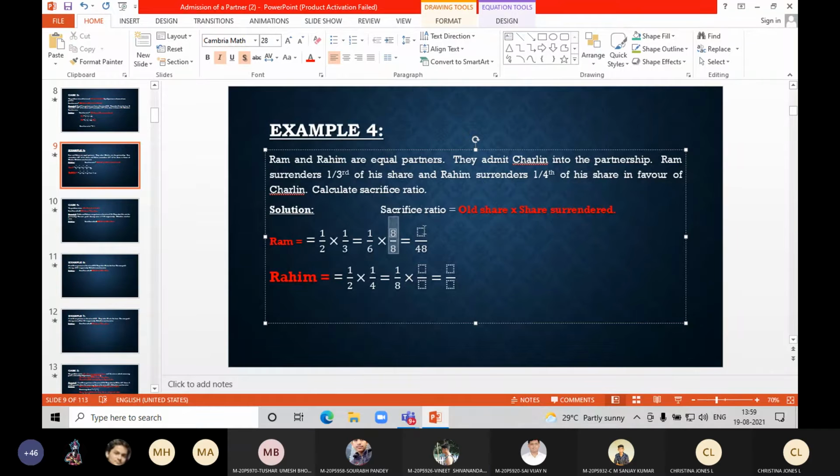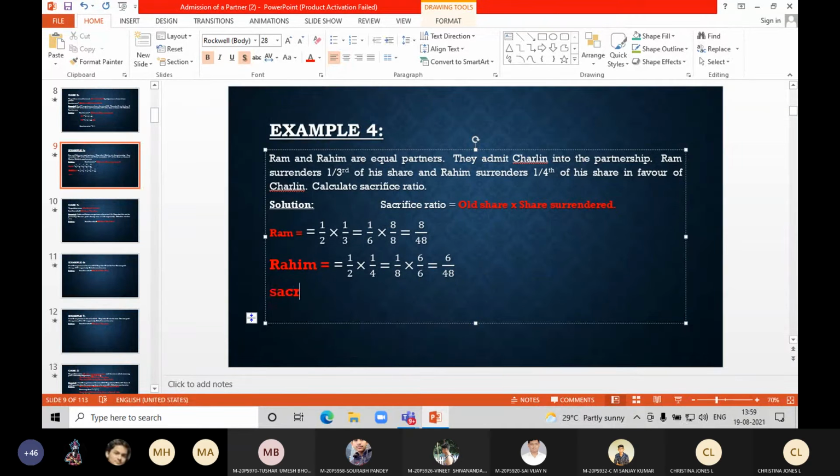So 1 into 8 will be 8 itself. And here also the LCM will be 48. 8 into 6 is 48, so 1 into 6 will be 6 itself.